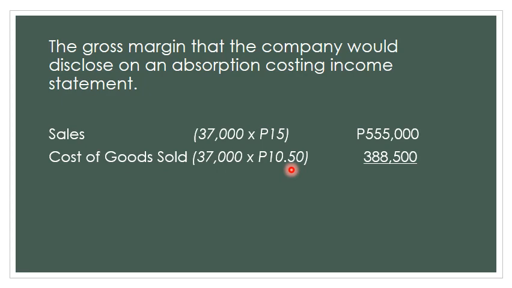Yan yung production cost na 4 pesos variable and 6 pesos and 50 centavos na fixed, 10.50. And our total cost of goods sold is equal to 388,500. Kaya meron tayong gross margin or gross profit or gross income, 166,500. Okay, so yan yung answer sa first requirement.